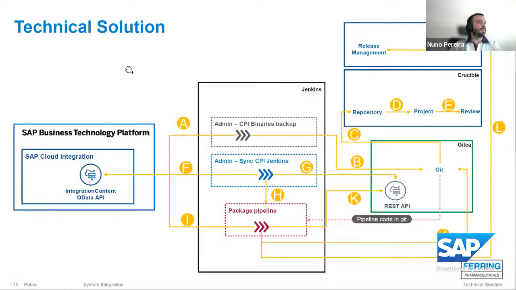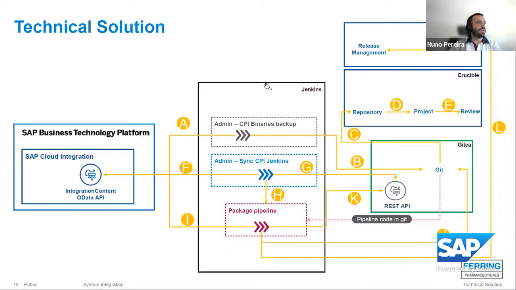So on this slide, you can see a very high-level architecture of what we currently have. On one side, we have the BTP, which has the Cloud Integration inside. And inside, we can see the integration content OData API. So we heavily rely on the OData API available for Integration Suite.